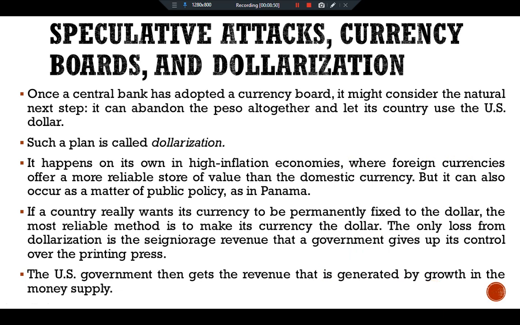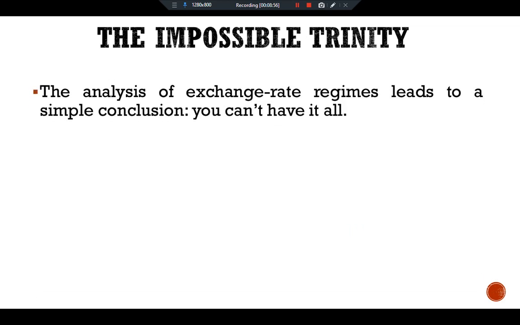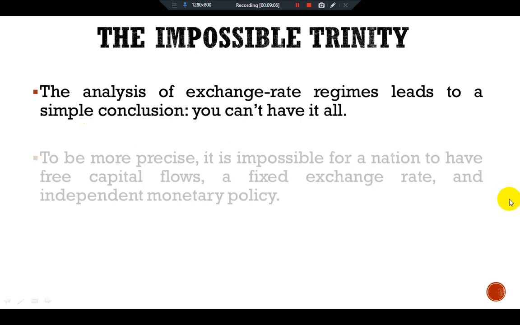So here now we discuss the impossible trinity. The analysis of exchange rate regimes leads to a simple conclusion: you cannot have it all.